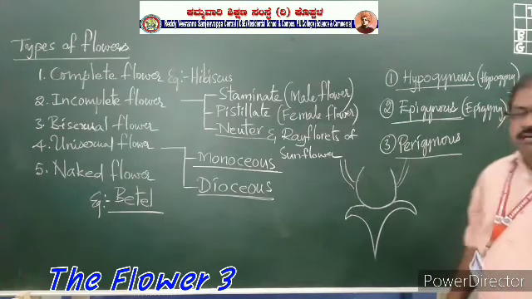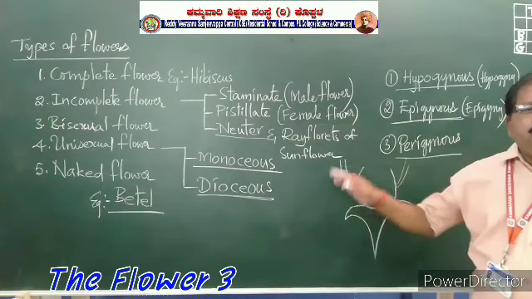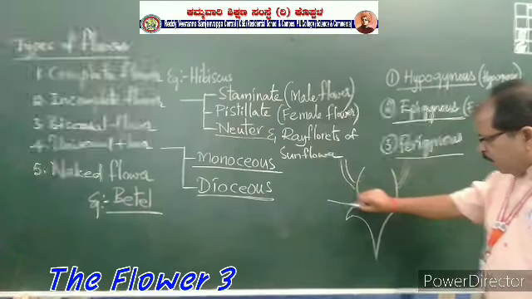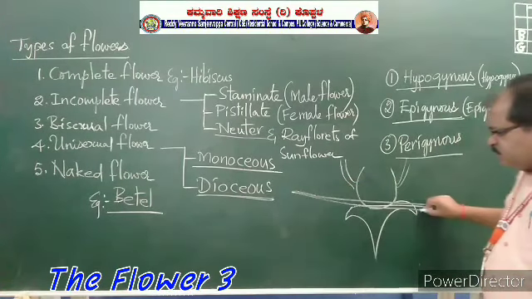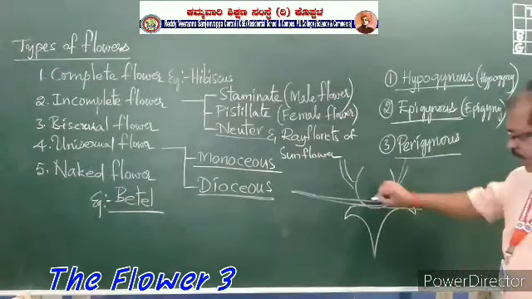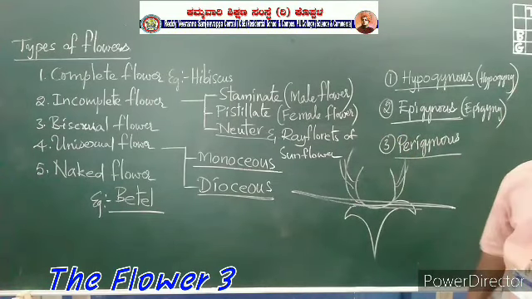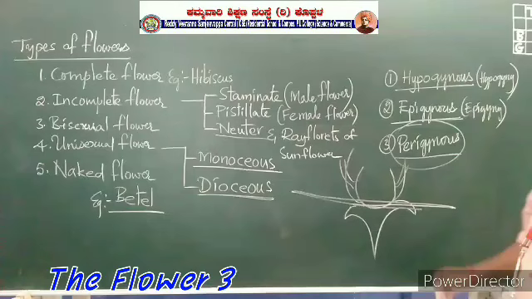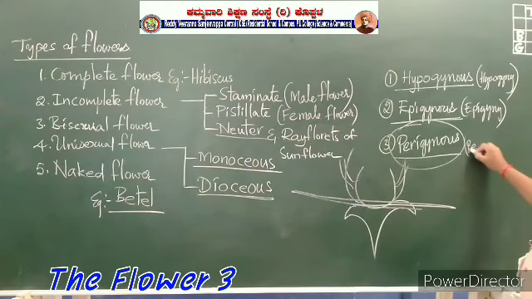Next one is perigynous flower. All the four floral parts are present on the same axis, like this. This is called a perigynous flower, and the condition is called perigyny.